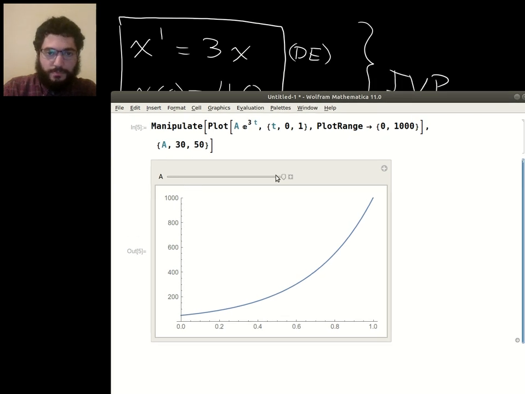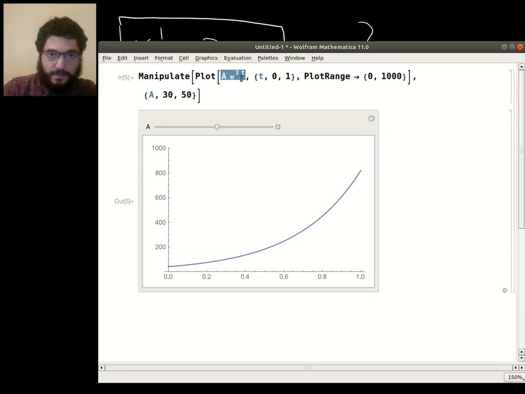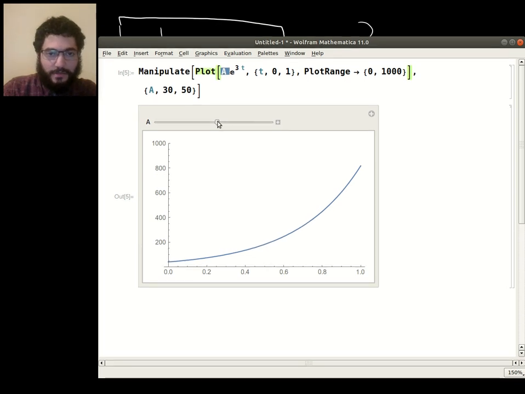Well, yeah, so to be clear, what we're changing here is, since plugging in t equals 0 into this expression gives you a, what we're changing when we change a is the initial value of x. So we're changing the initial number of infected people. So as I drag this bar left and right, you see the initial number of infections moving slightly up and down here between 30 and 50.